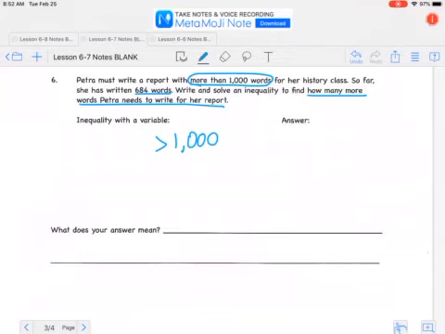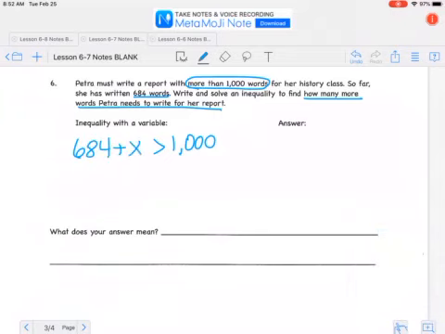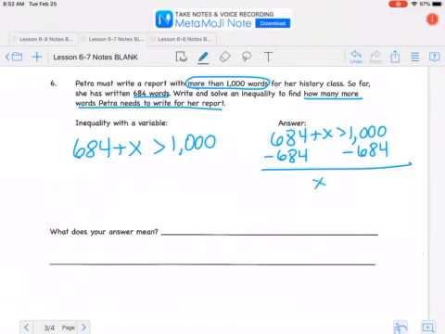She already wrote 684, and she's seeing how many more she actually needs. So for our answer, we're going to subtract 684 from both sides. So I would get x is greater than 316.